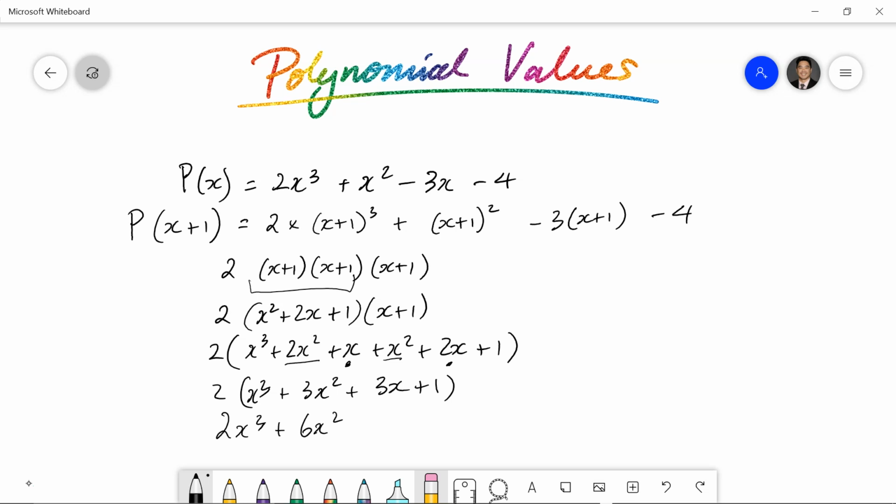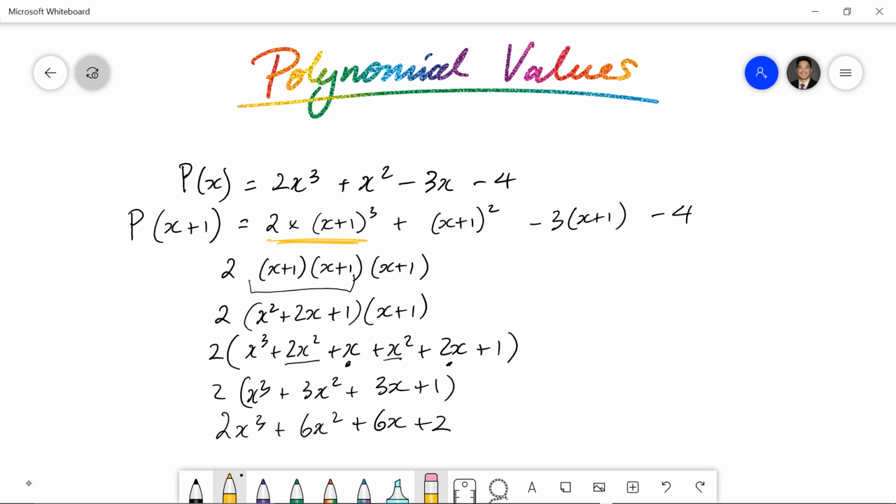So 2x cubed. See, this is the thing. I'm trying to speed it up too fast, and I'm making really simple mistakes here. So it's really important that you don't rush. So 2x cubed plus 6x squared plus 6x plus 2, and that's only for this portion here.